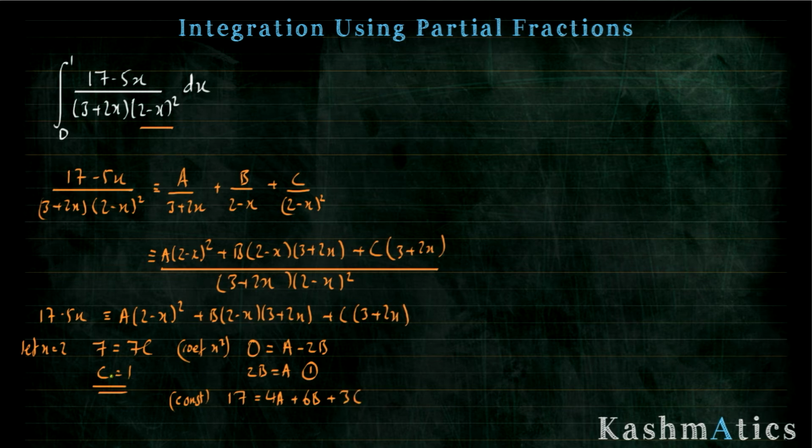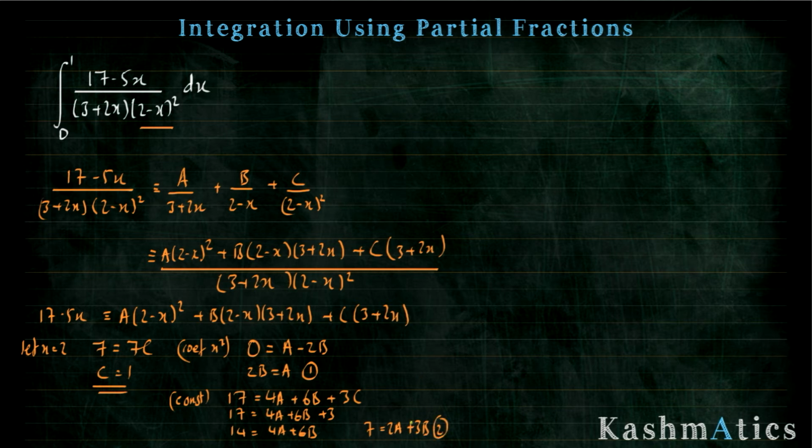And I'm just going to plug in my value of c, so I've got 17 is equal to 4a plus 6b plus 3, so I've got 14 is equal to 4a plus 6b, which means 7 is equal to 2a plus 3b. So that's equation number 2.